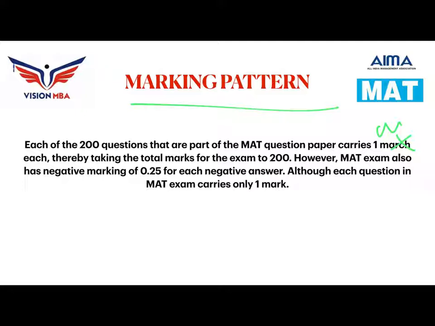Of course, the time is less and the number of questions is more, and that is why I've mentioned the sectional bifurcation of allocated time. You can go back to this recording and listen to or read that. But if you are not sure about a question, and you know that it might take more time, or you still won't get the right answer, please skip that question. You can simply skip it because there is negative marking.